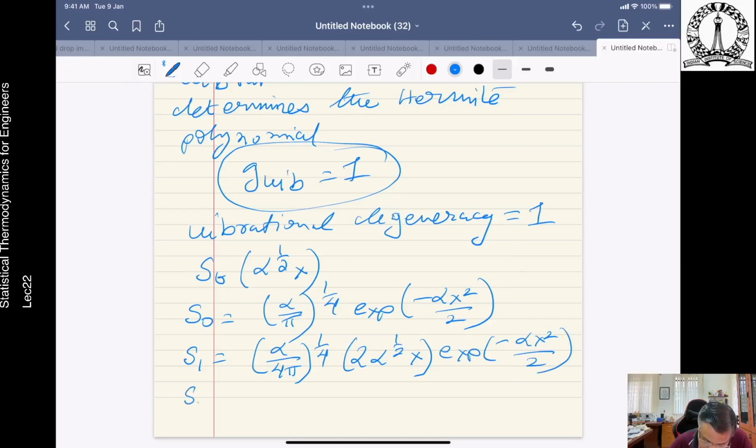S2 is equal to alpha by 4 pi to the 1/4, then 2 alpha x squared minus 1, exponential minus alpha x squared by 2.